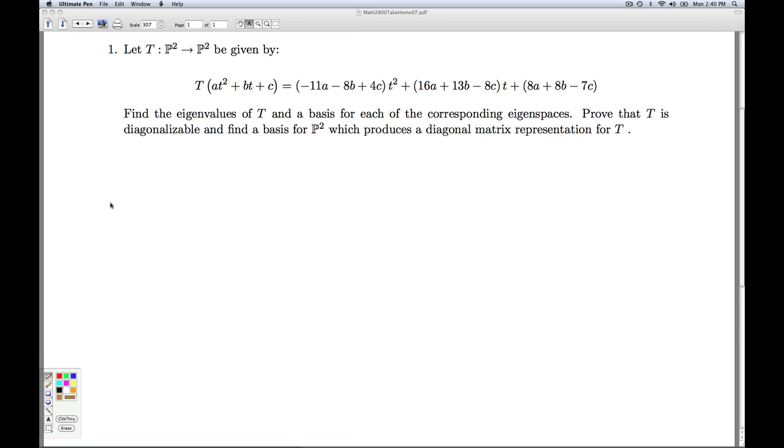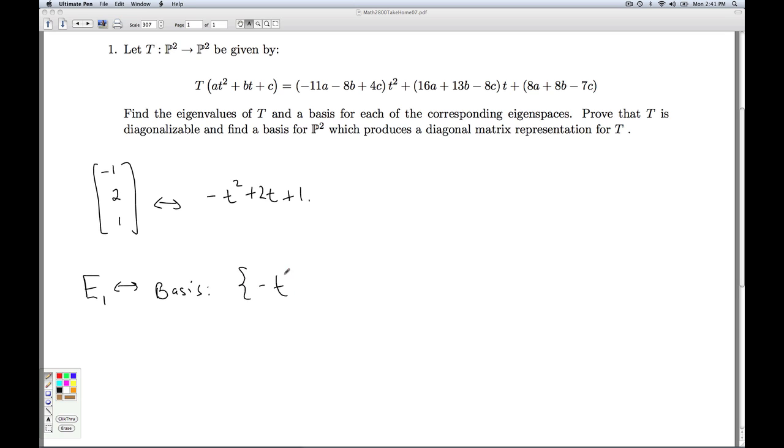Okay, so the question is, what does that correspond to? Negative 1, 2, 1 corresponds to the polynomial negative t squared plus 2t plus 1. So for E1, a basis for this space is this polynomial.